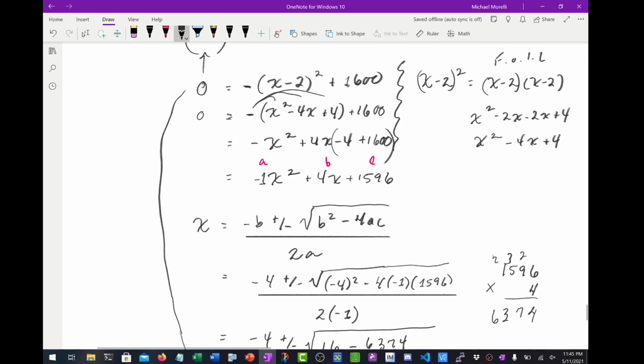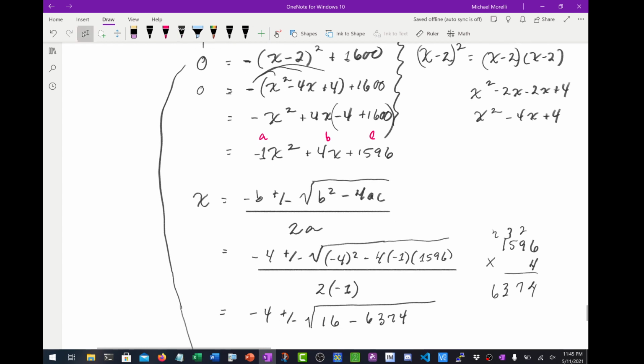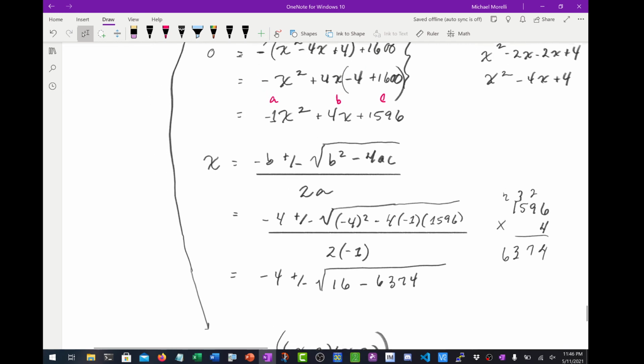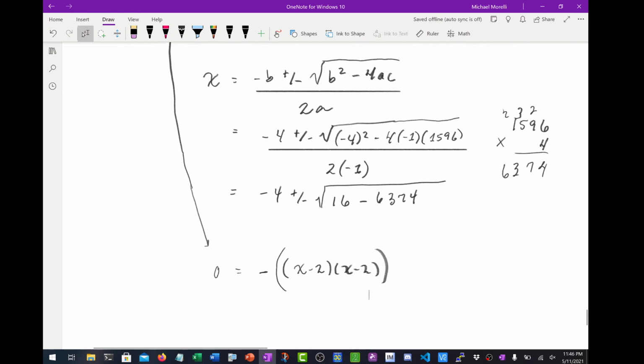Okay, so let me just bring this all the way down here. And so I've got 0 equals negative, and then I've got x minus 2 times x minus 2. We'll put that in parentheses here for a sec. And then plus 1600.